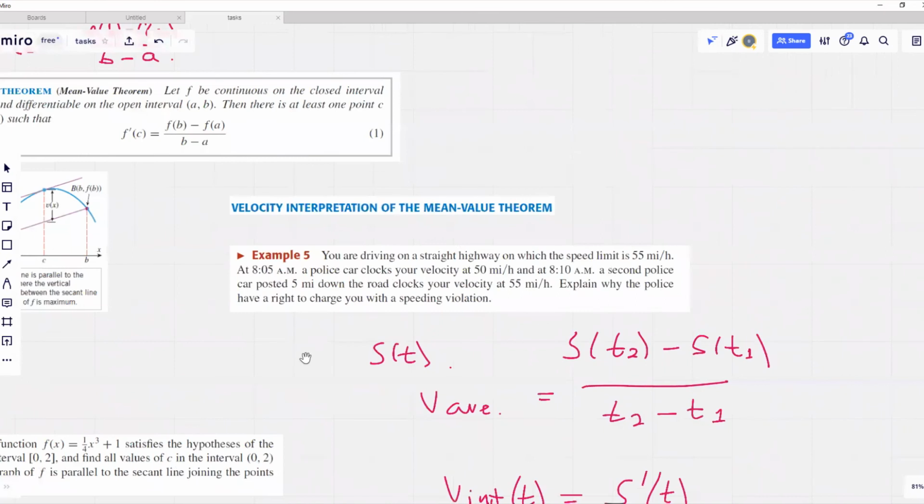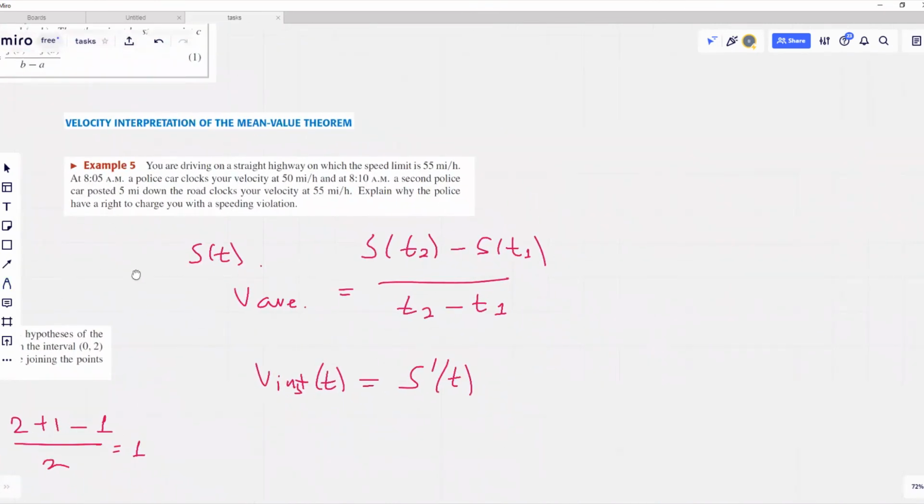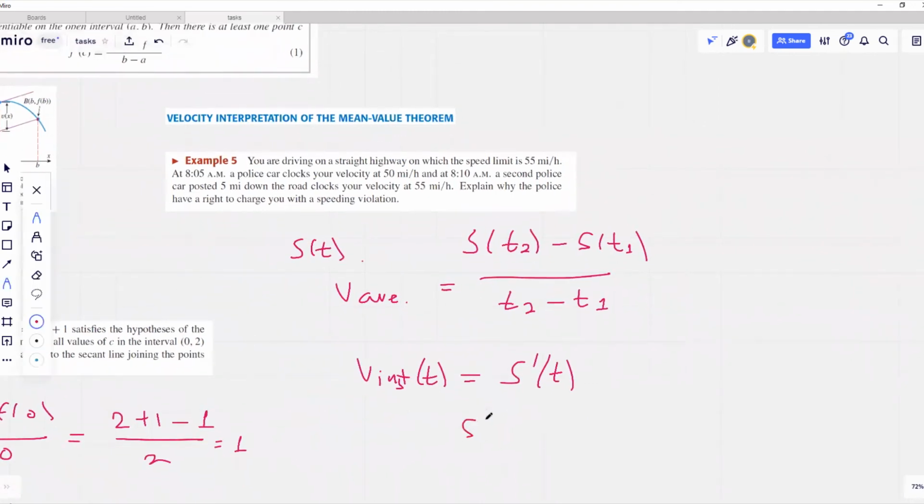Then we can see that here, according to mean value theorem, on the left side we have s prime of t, and on the right side we have this function here, which represents average velocity.